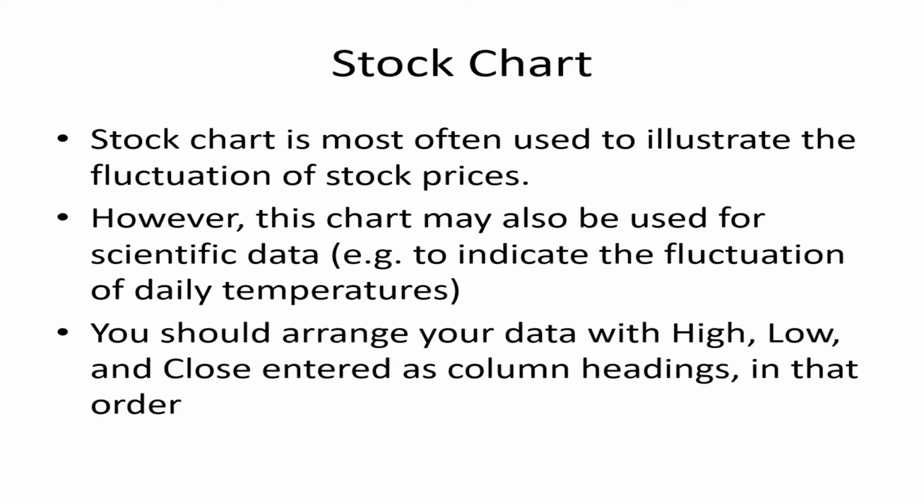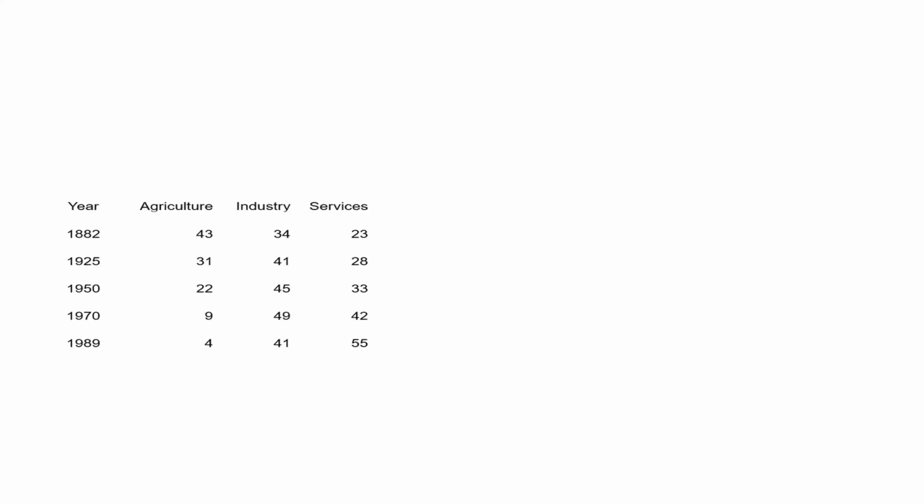The trick is you should arrange your data with high, low, and close entered as column headings in this order. To have the same pictorial image in the previous slide, you have to put high in the first column, low in the second column, and the close or average in the third column to get the stock diagram or the stock chart that is shown in the previous slide.